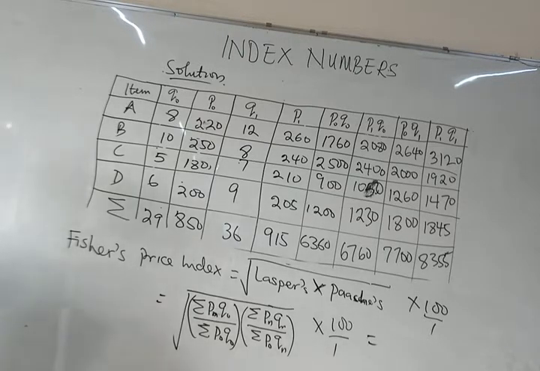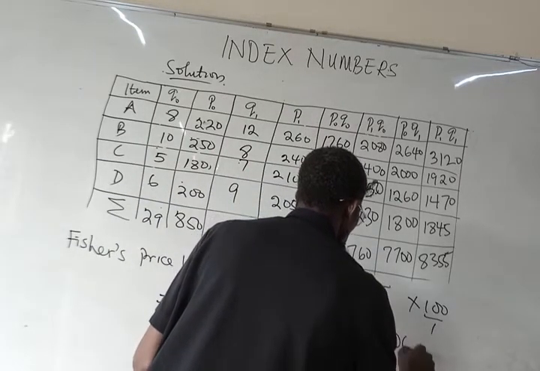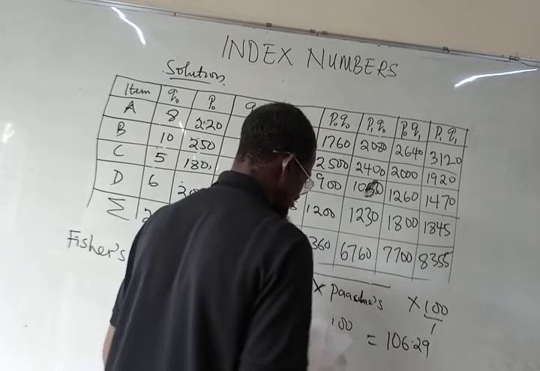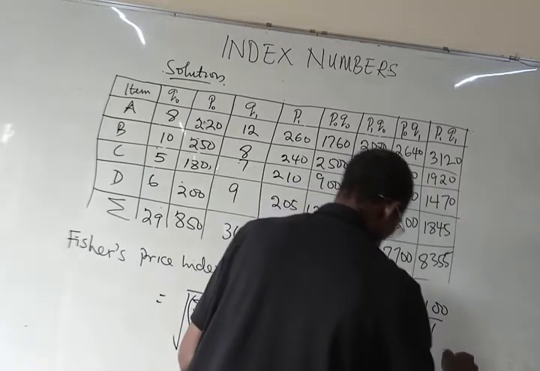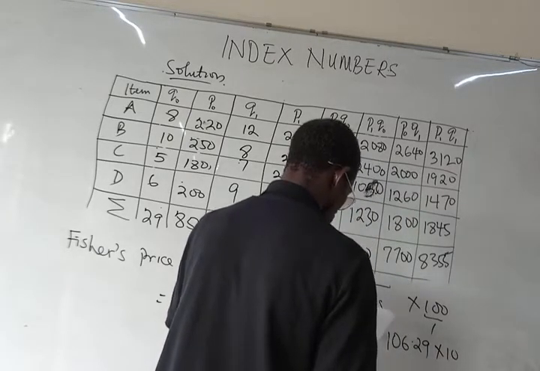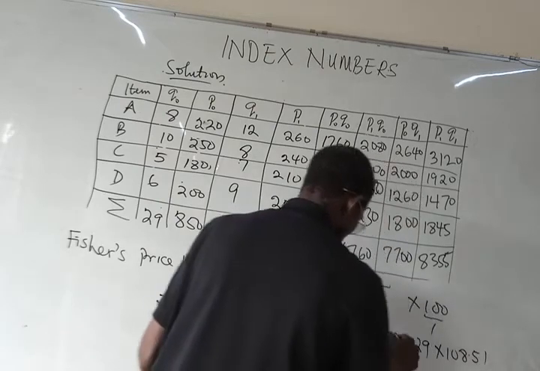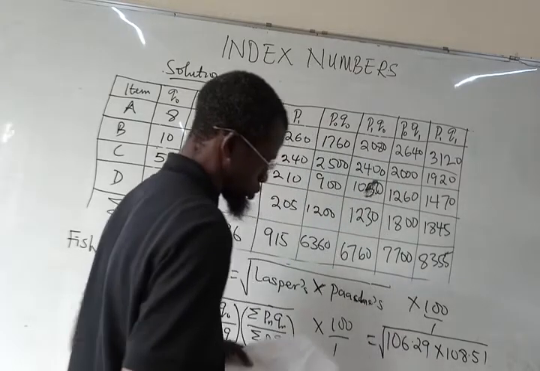I hope it's clear. When you look at the result of our Laspeyres, we have 106.29. Then when we look at the result of our Paasche, we have 109. Is it 109 or 108? 108.51. Then put bracket, the square root on the two.